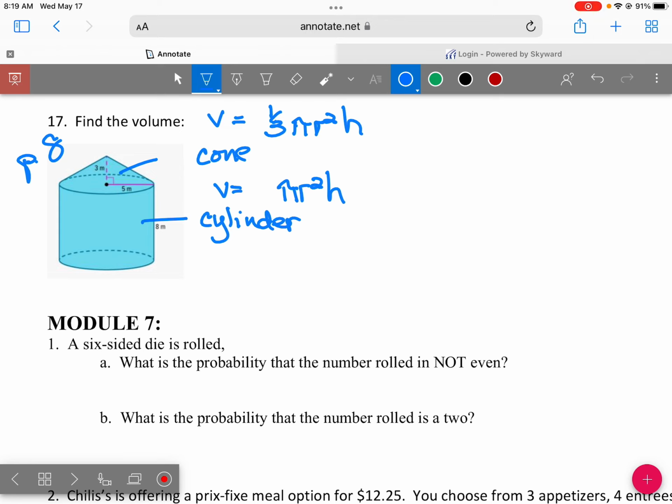So, looking at this, give me just a second. I want to make sure that first one's right. I think it's h. I don't think it's the slant height. 8 instead. Let me see if I did this one yet.